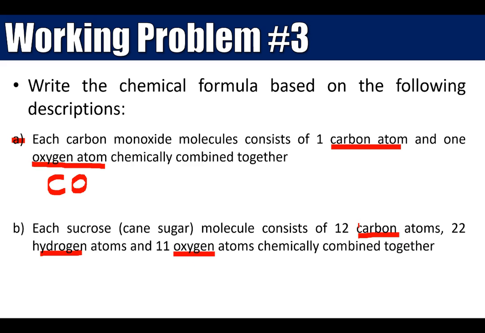Okay, how many carbons do we have? We have 12 carbons, so we write as C and 12 at the subscript. Then we have hydrogens, which is H, and you write down 22. And you have oxygens, which is 11 atoms, so you write this as 11. So you have C12H22O11.